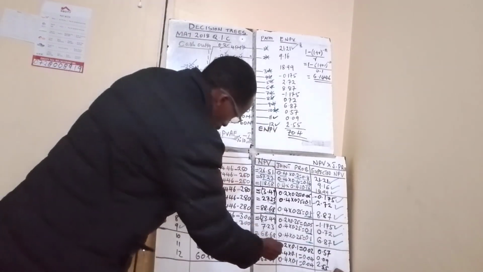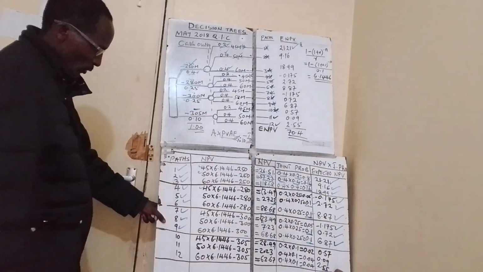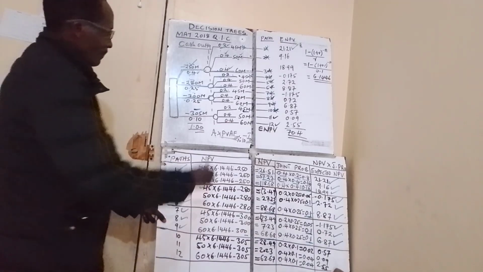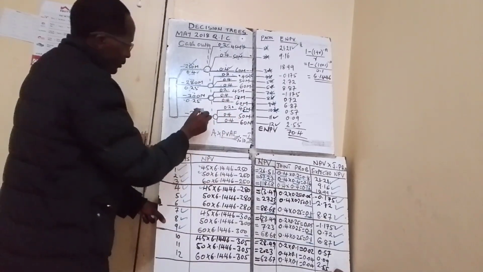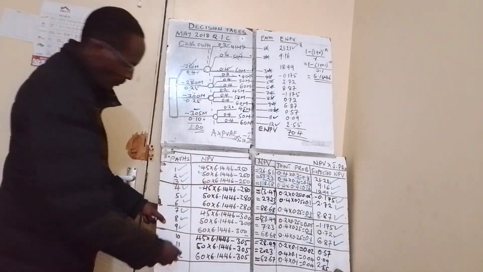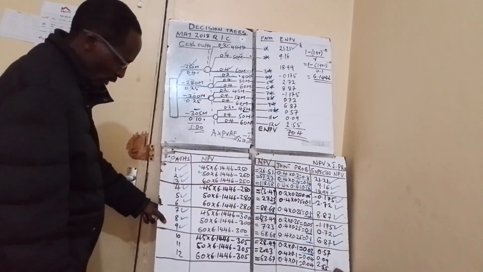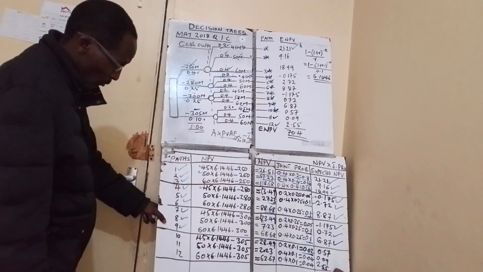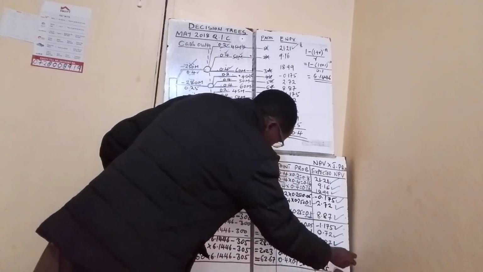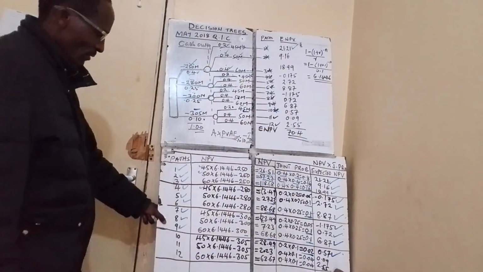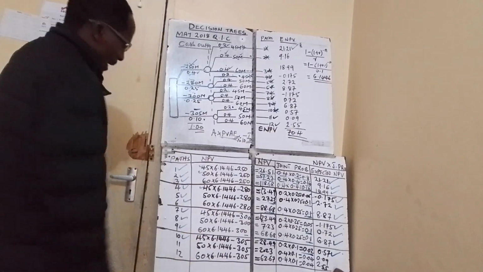We got 28.29. Joint probability 0.2 times 0.10, we get 0.02. 0.02 times 28.49, we got 0.57. That is path 10.